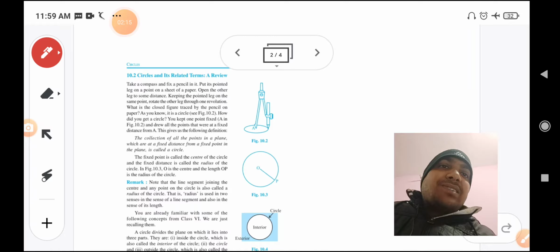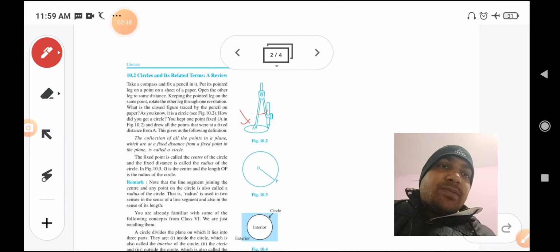Take a compass and fix a pencil in it. Put its pointed leg on a point on a sheet of paper. Open the leg to some distance, keeping the pointed leg on the same point.